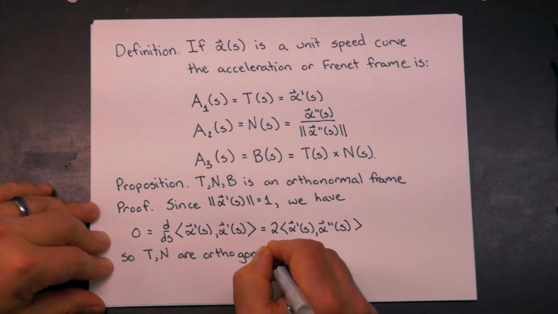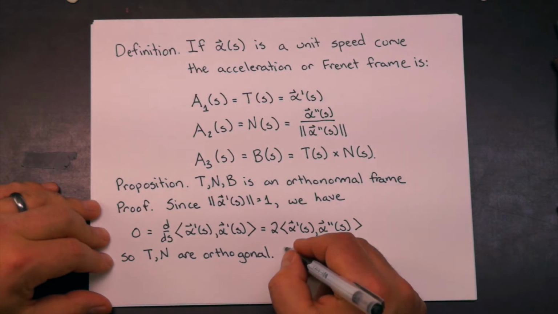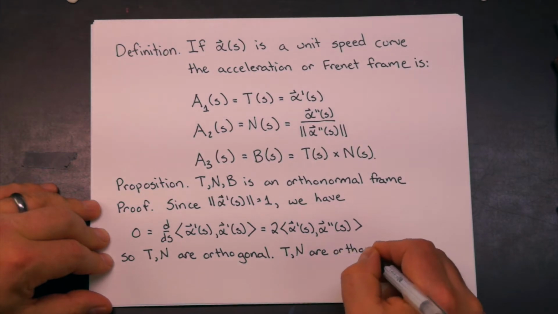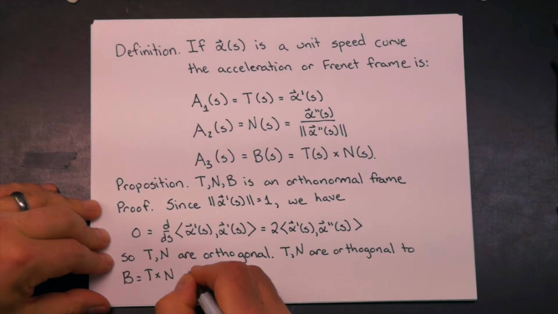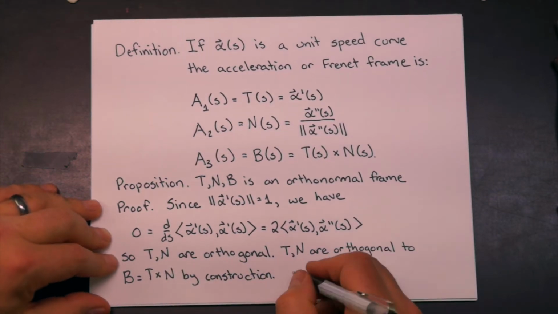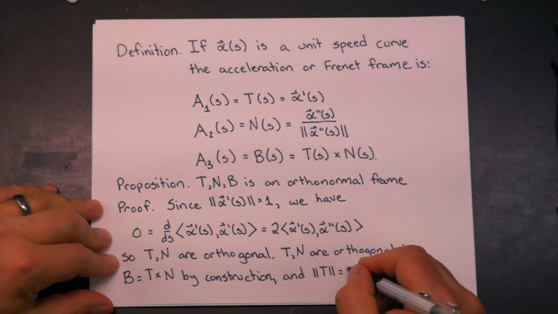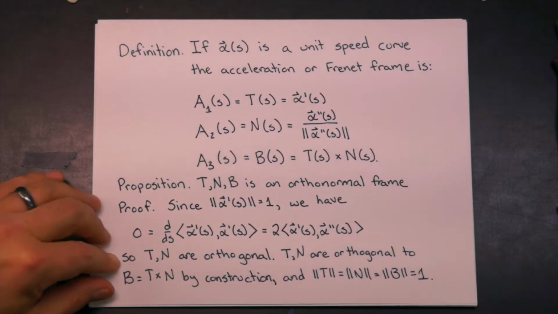So that means that T and N are orthogonal. T and N are orthogonal to B because of the properties of the cross product. The cross product is perpendicular, remember, to both vectors that go into it. And of course, the lengths of all these vectors are 1.